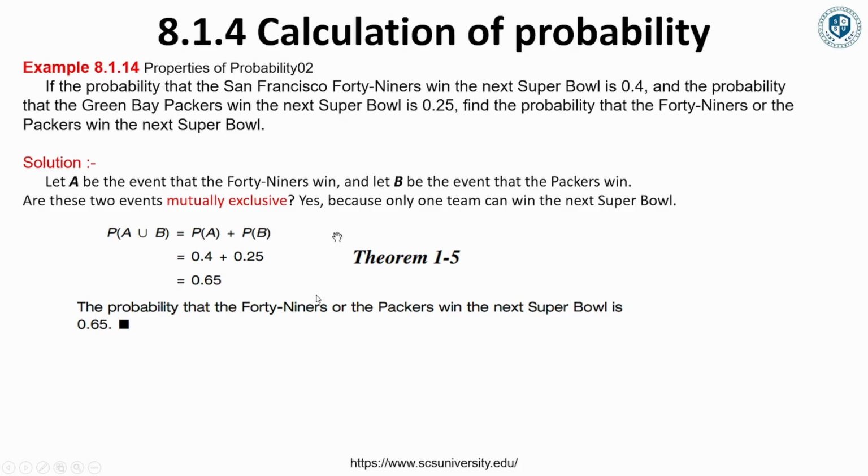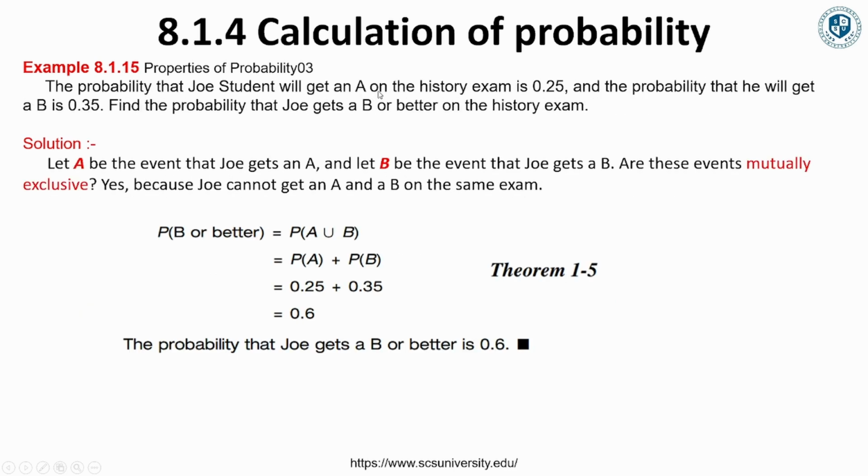By using theorem 1.5. The probability that a student will get an A on the history exam is 0.25, and the probability that he will get a B is 0.35. Find the probability that Joe gets B or better on the history exam. Solution: let A be the event that Joe gets an A, and let B be the event that Joe gets a B. Are these events mutually exclusive?